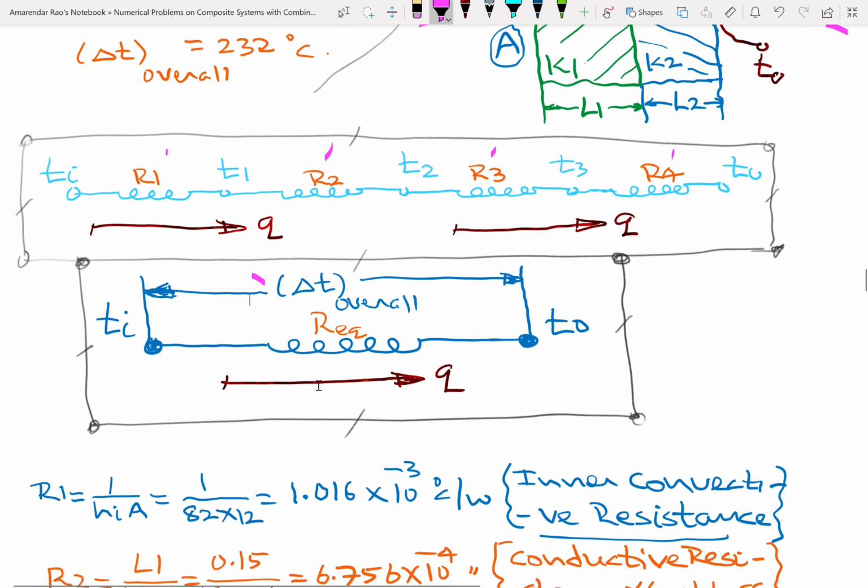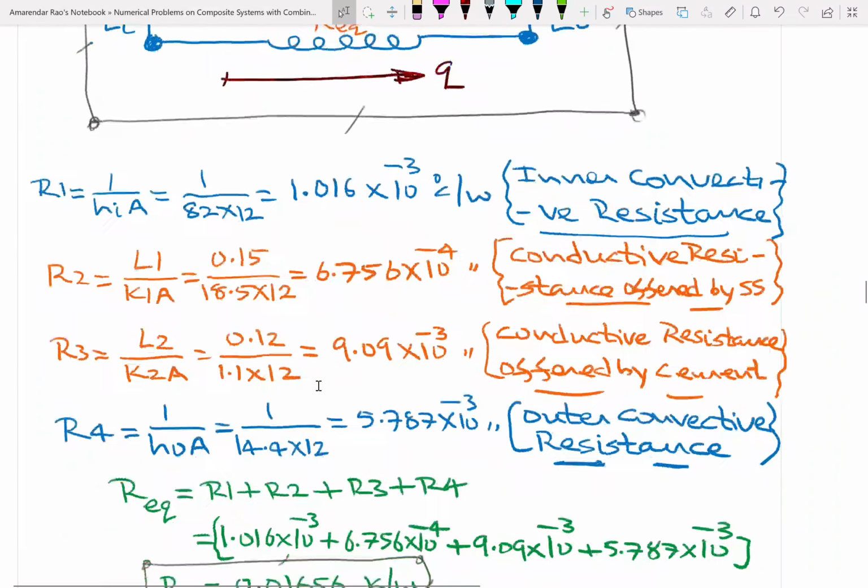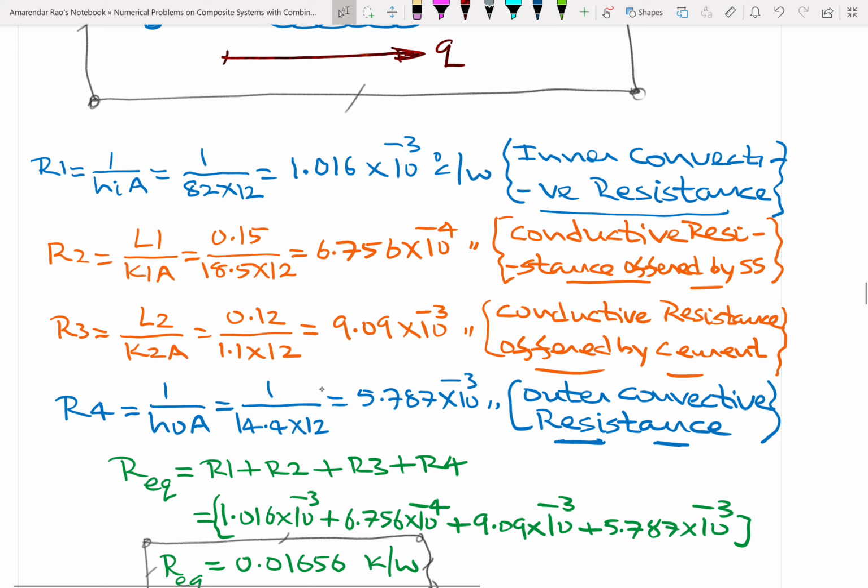Then we can always calculate individual resistances since we are interested in surface temperatures. R1, inner convective resistance, 1 by HiA, 1 by 82 into 12, 1.016 into 10 power minus 3. R2, conductive resistance offered by stainless steel, L1 by K1A. If you substitute the data, it's going to be extremely small, 6.756 into 10 power minus 4.